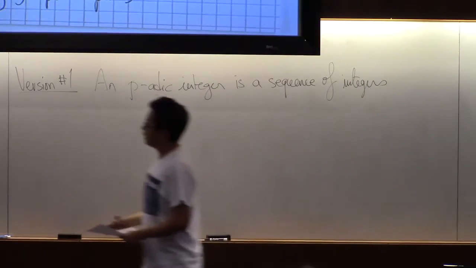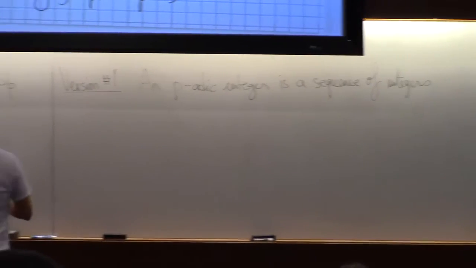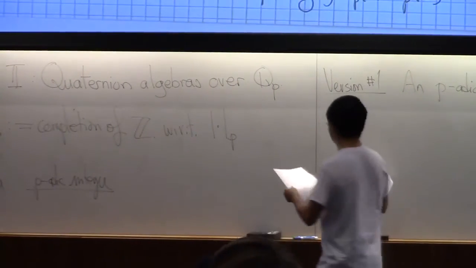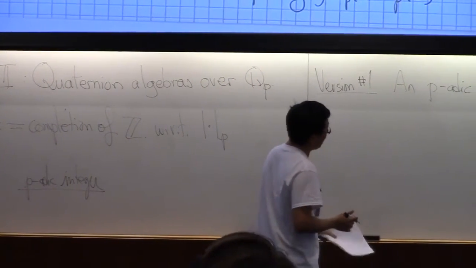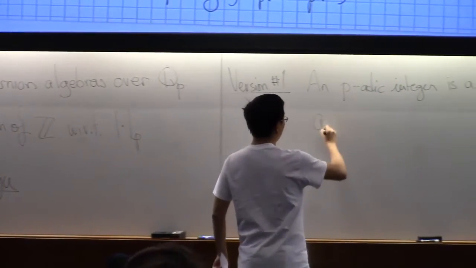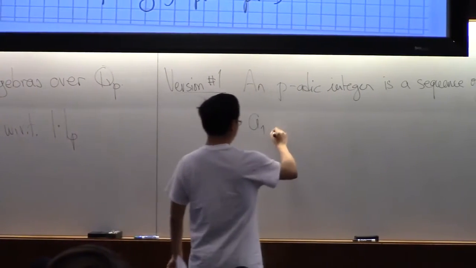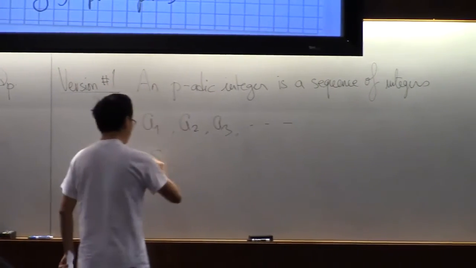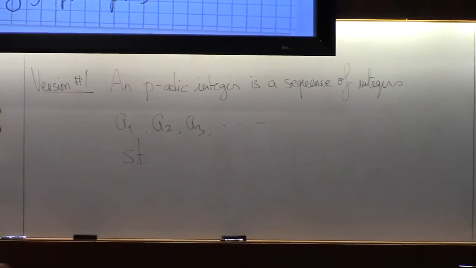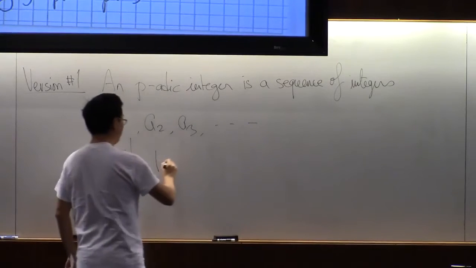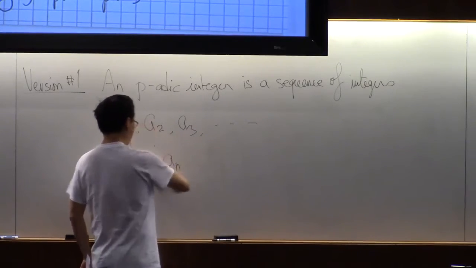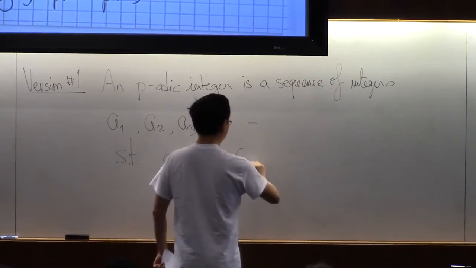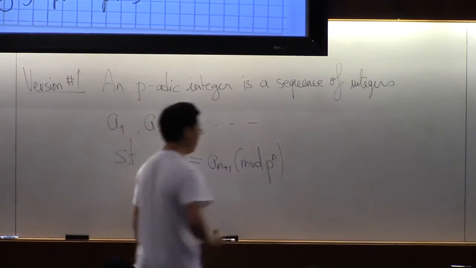By definition, we're taking a completion. That means you're taking all the Cauchy sequences modulo their equivalence relations. So a p-adic integer would be a sequence of integers that converge under the p-adic metric. What I mean by converge is that a_n is congruent to a_(n+1) modulo p to the n.